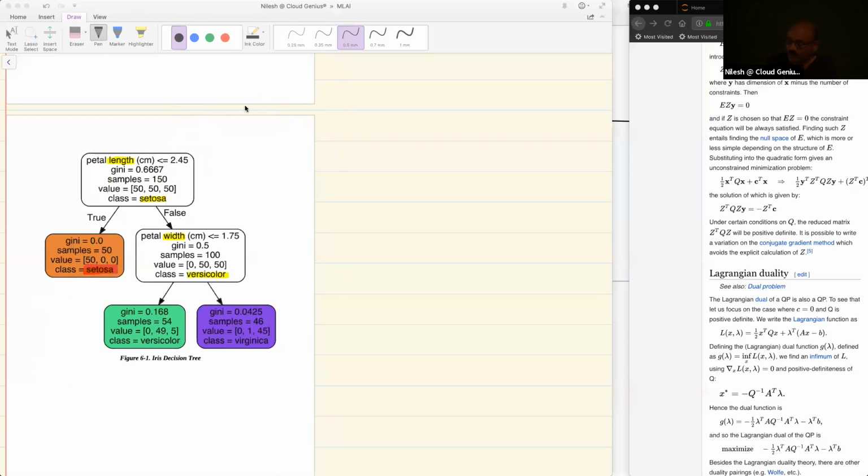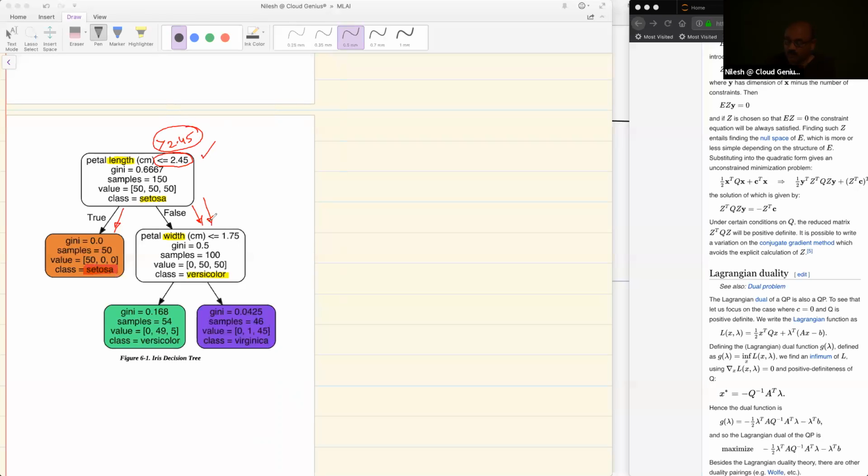But on the other side, if you find that the petal length is more than 2.45, then you don't go that direction, but you go this direction. And then you decide, what's the petal width?